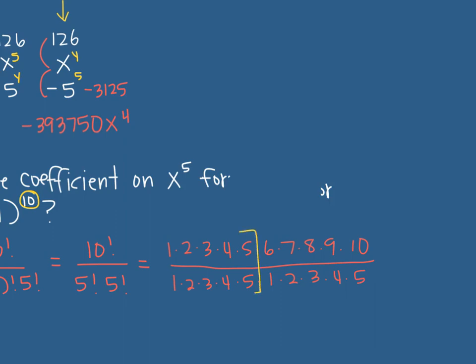So the first set of 1 through 5 are all going to cancel out, and then I can start reducing. I've got 2 and 3 in the bottom here. That's 6, so they can reduce that 6. I've got 4, which can reduce 8. I've got 5, which can reduce 10, leaving me with 2.